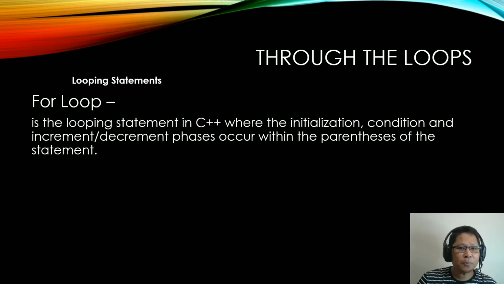A for loop is the looping statement in C++ where the initialization, condition, and increment or decrement phases occur within the parentheses of the statement. A for loop is a repetition control structure that allows us to write a loop that is executed a specific number of times. The loop enables us to perform a number of steps together in one line.